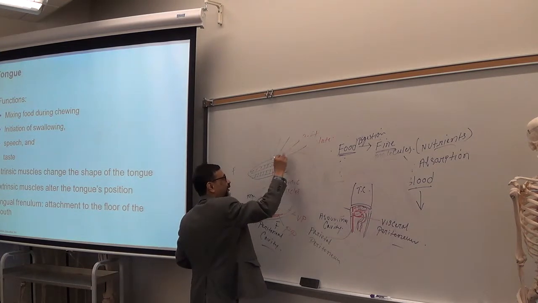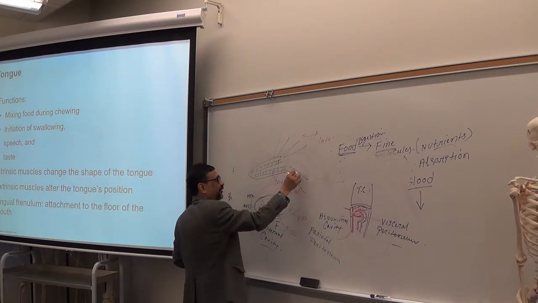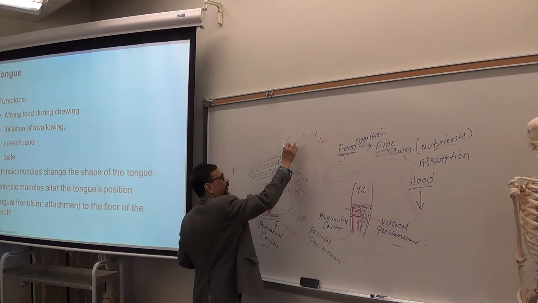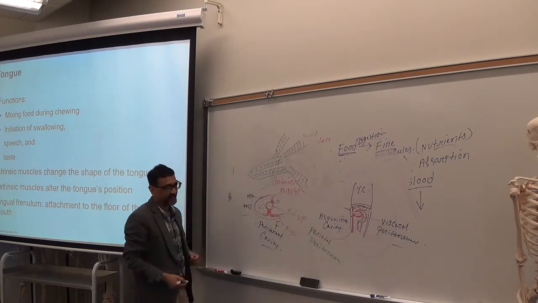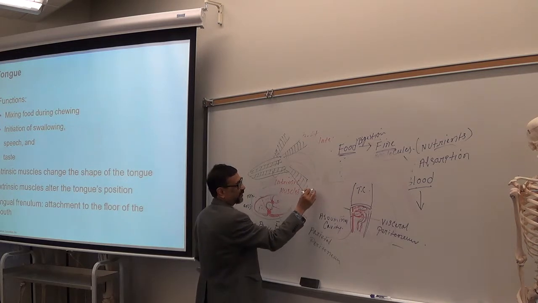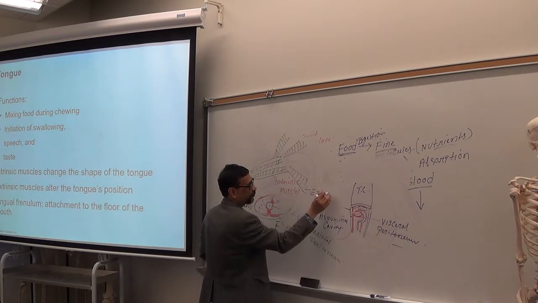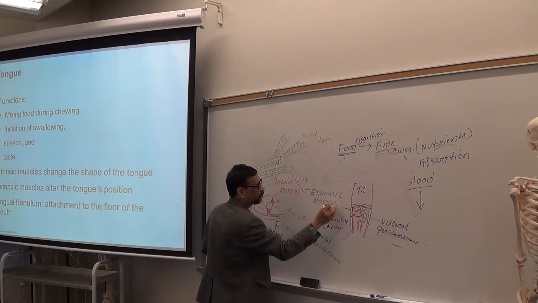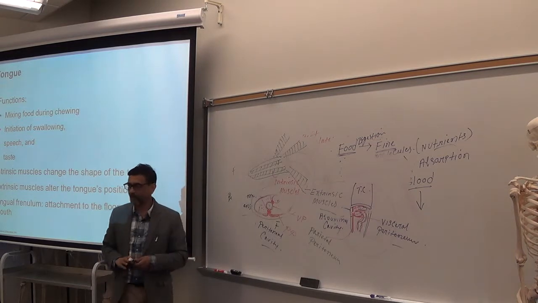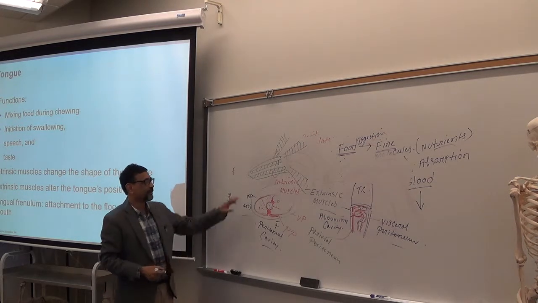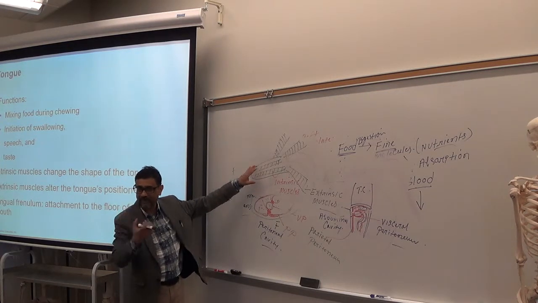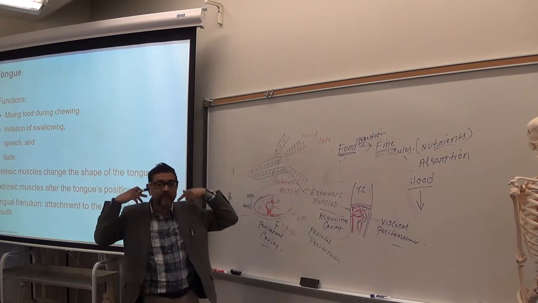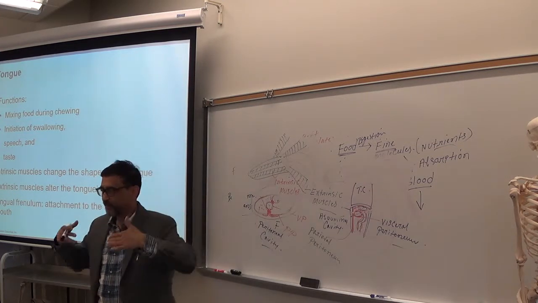These are called extrinsic, coming from outside bones. These are extrinsic tongue muscles. So the tongue's own muscles are intrinsic muscles that form the tongue, and the muscles coming from the bones around are extrinsic muscles.